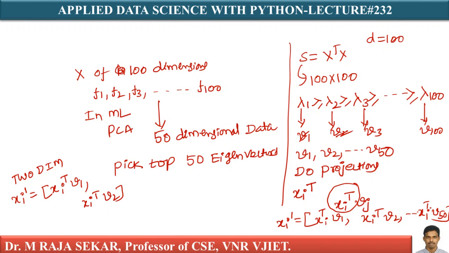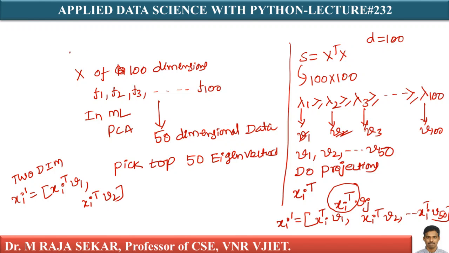Therefore, that 100-dimensional data will be converted into 50-dimensional data. As I told you, this is not for visualization. If you want to apply some machine learning algorithm and reduce 100 dimensions to 50 dimensions, then you can apply this procedure.